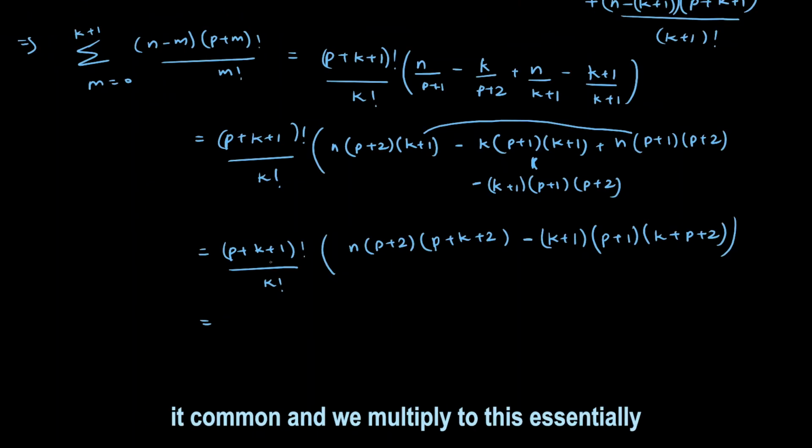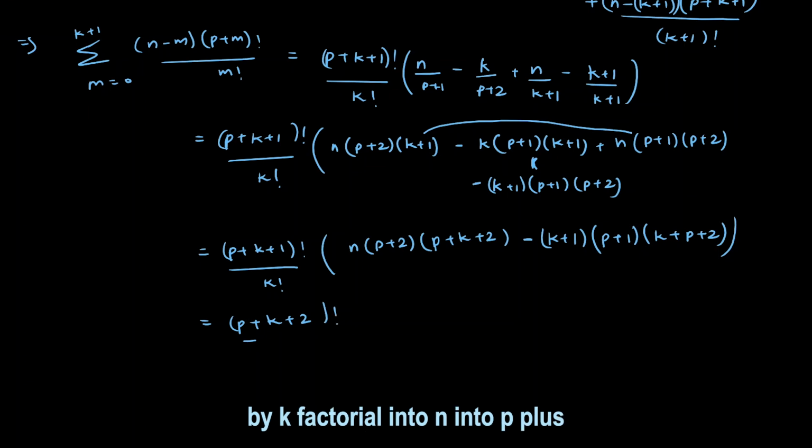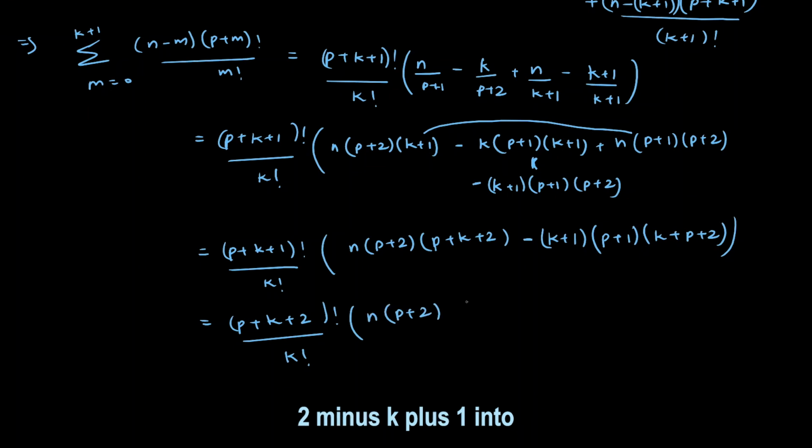When we take it common and multiply, essentially it becomes (p plus k plus 2)! by k! into n into (p plus 2) minus (k plus 1) into (p plus 1).